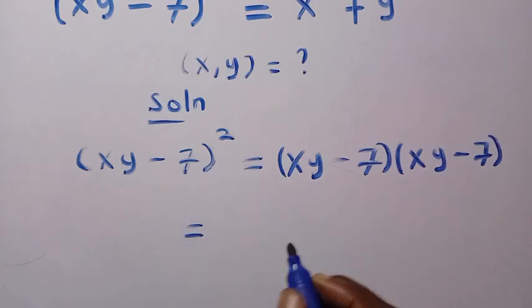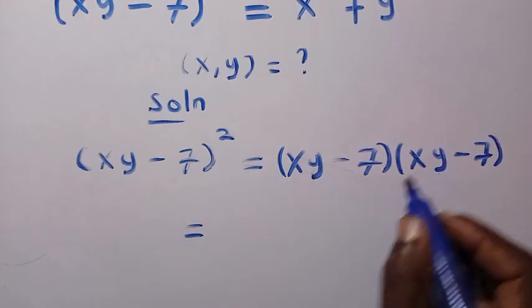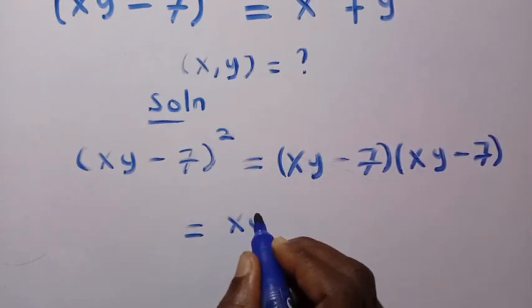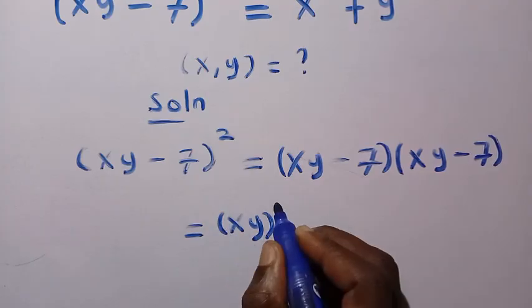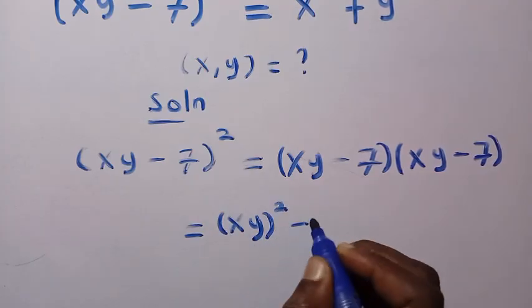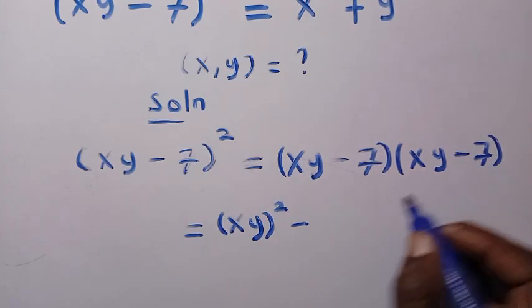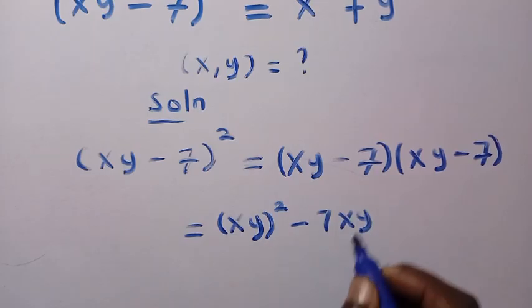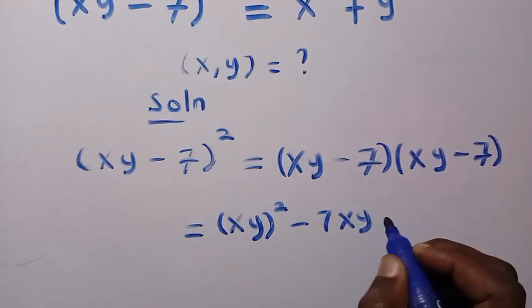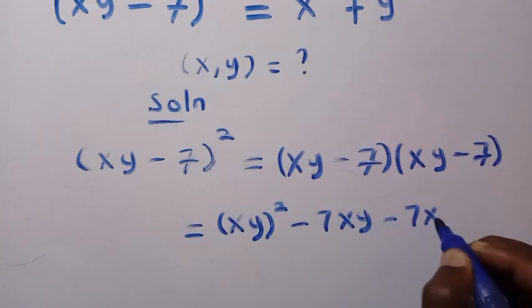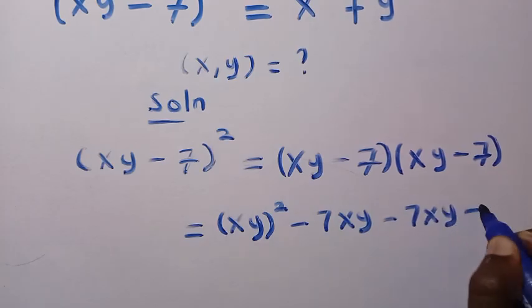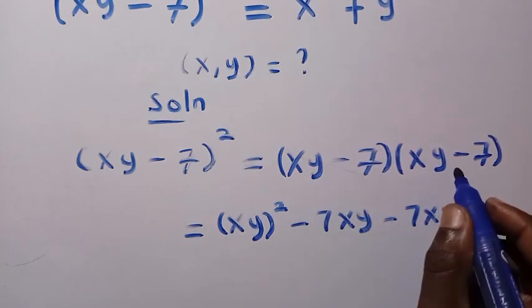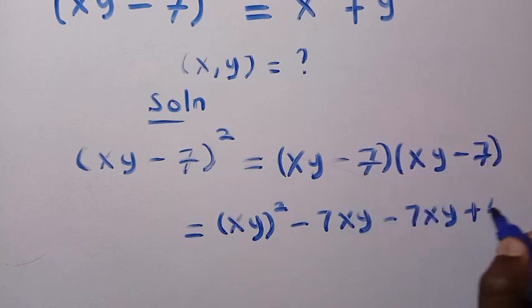The expansion becomes xy times xy, that gives us (xy)², then xy times −7, which gives us −7xy, and −7 times xy, which is also −7xy. Then minus times minus is plus, and 7 times 7 is 49.